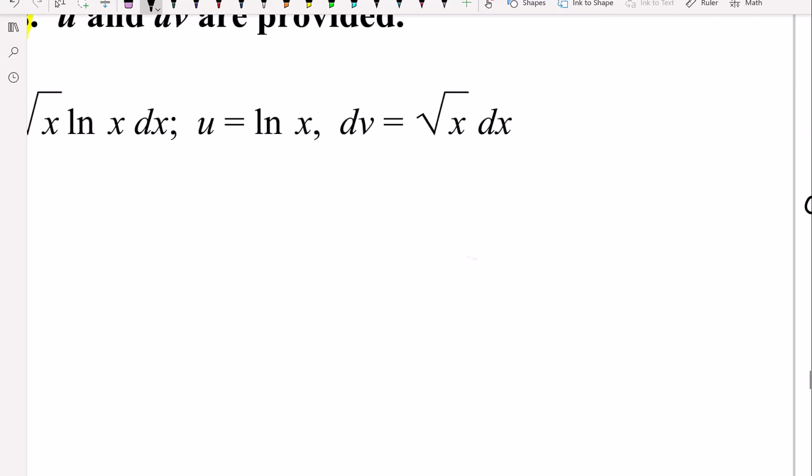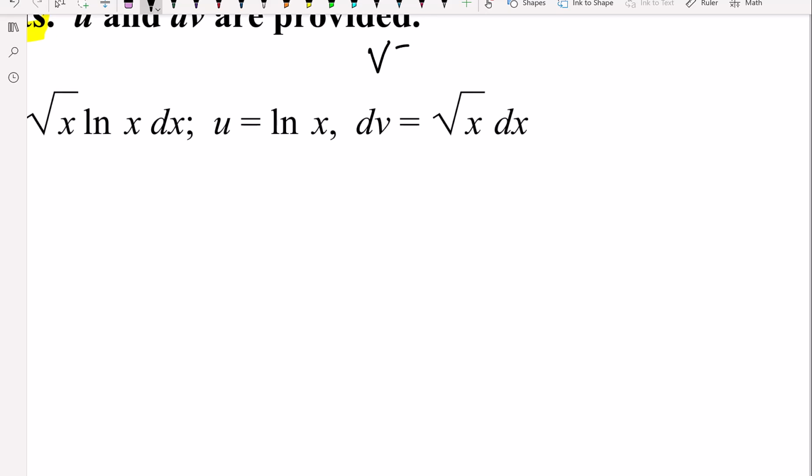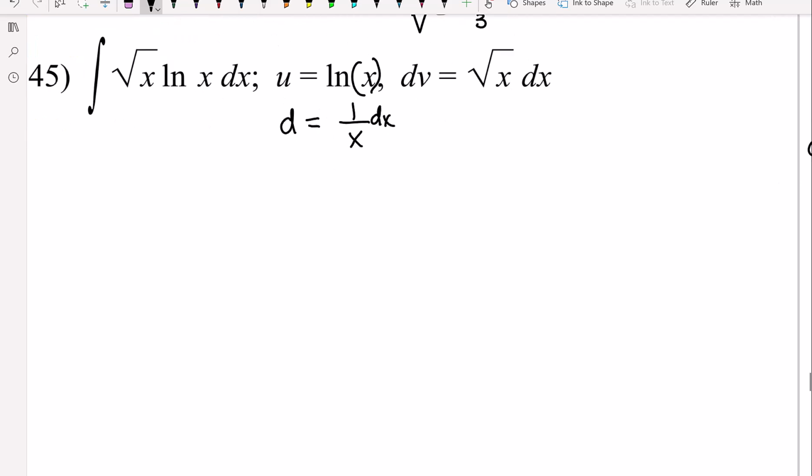Okay, so we can put v here as 2/3 x to the 3/2, and then our du is 1 over x dx. All right, we have the setup. Notice this time they put it, this isn't necessarily the normal order.